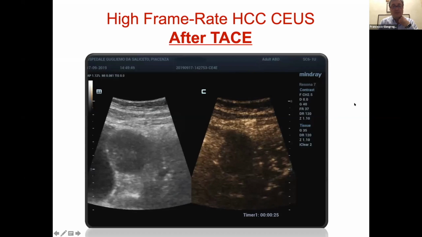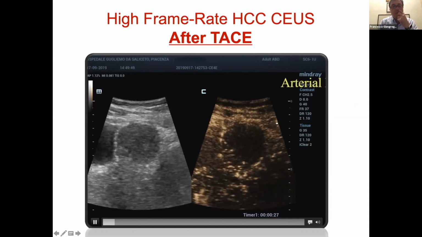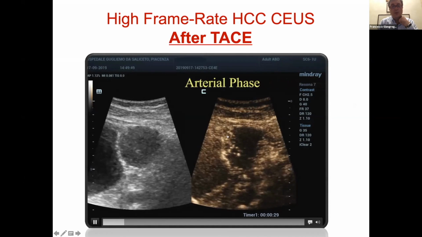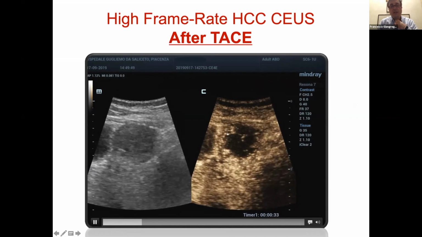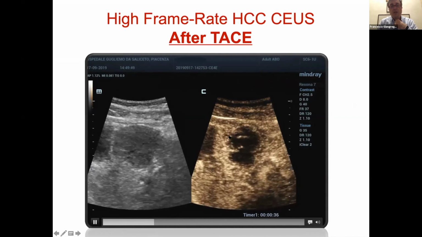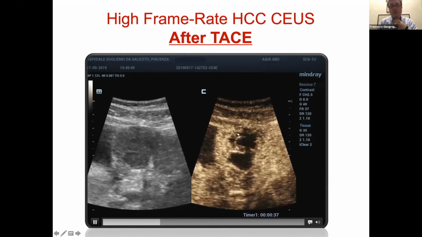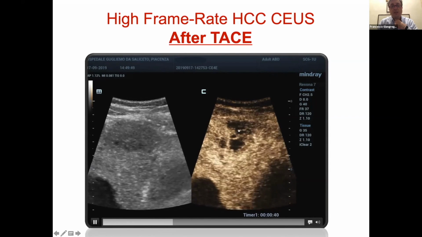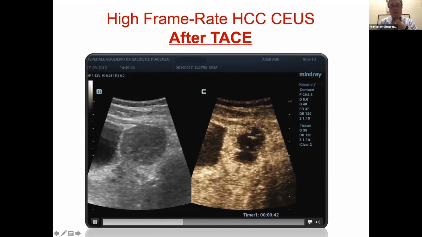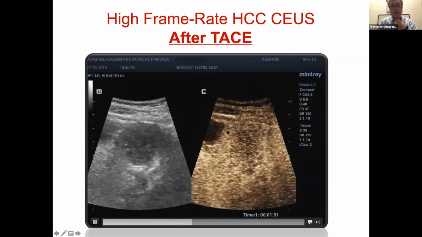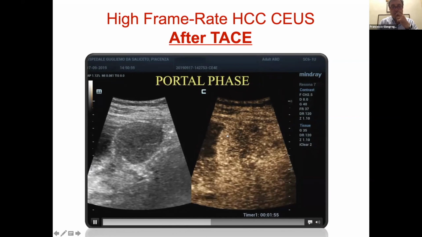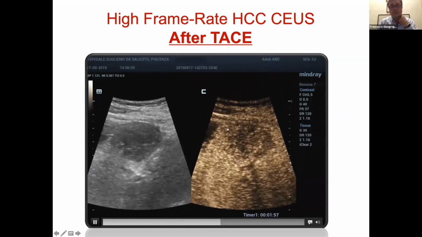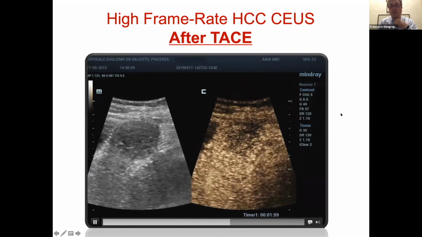And after transarterial chemoembolization with only 1 milliliter of SonoVue, we can easily understand that the nodule wasn't completely treated, that there was a real, also an active part in the part of the nodule near to the gallbladder.